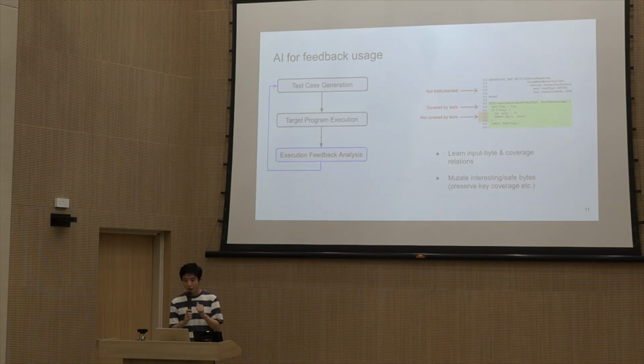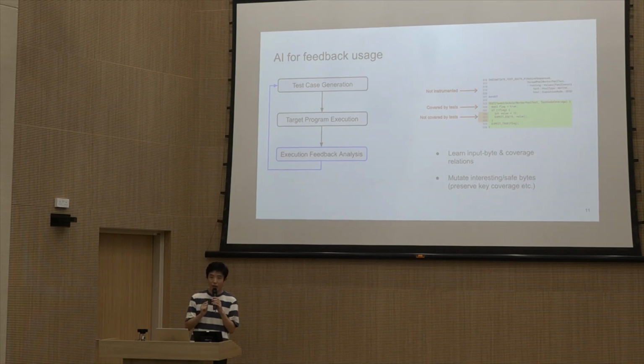We need this because the input space for a program is actually infinite. We can feed any input into any program, but we can't do that in reality because we need to focus on testing some interesting characteristics of the program. That's why we need to learn the relation between the content of the input and the code.